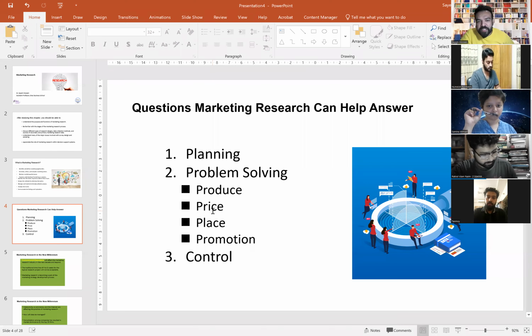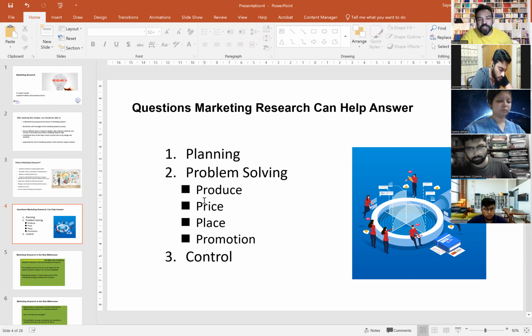All right. May I just proceed with the second point, which is problem solving. First, we know that marketing research will help to answer your questions at the planning stage. Second, marketing research will help to solve your problems across the 4 different P's, which is your marketing mix.